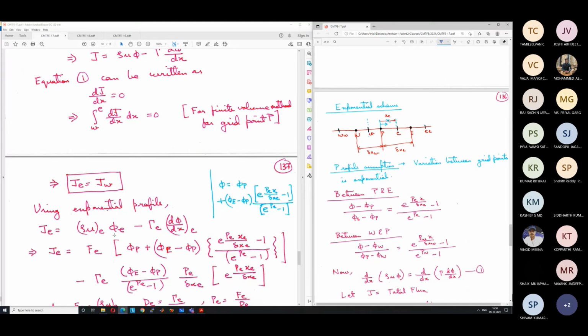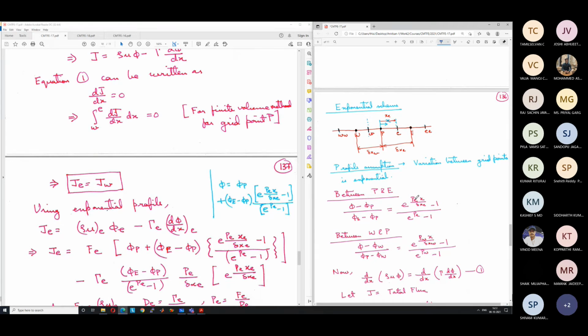Okay. So let the distance be xe. Okay. Let the distance be xe between. So what is xe? xe is the distance of the east interface from the grid point P. Okay. East interface from the grid point P. So for this interface, what will be the value of phi? You have to replace this distance.